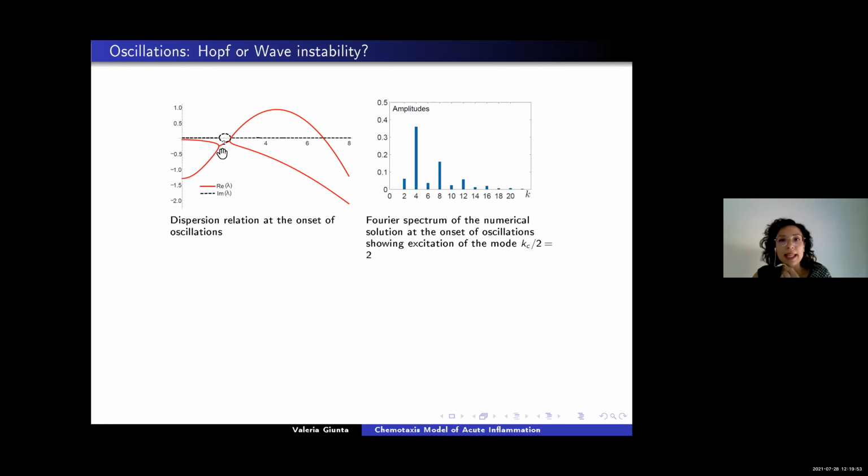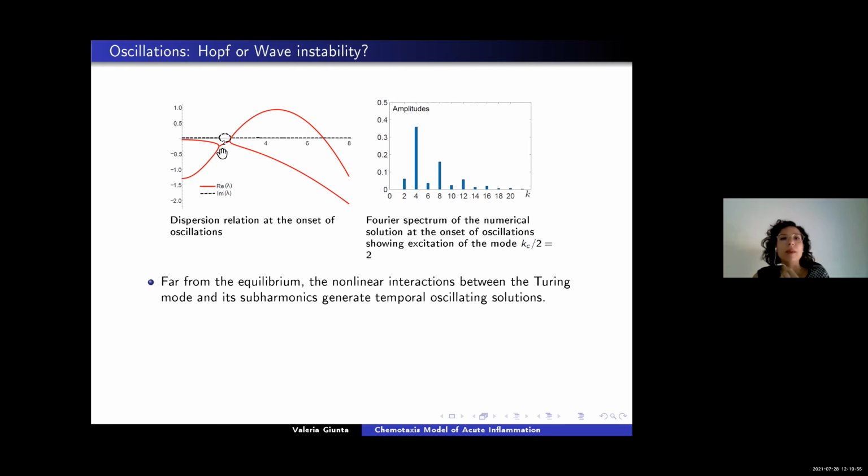This means that far from equilibrium, the nonlinear interaction between the Turing mode and its subharmonics is able to generate oscillations in the solution.